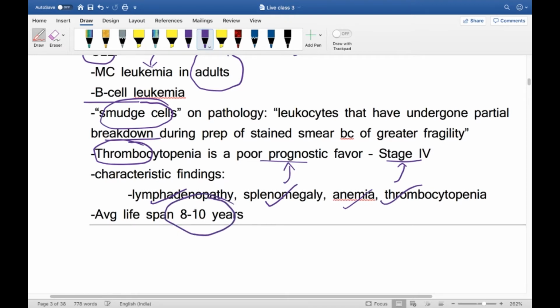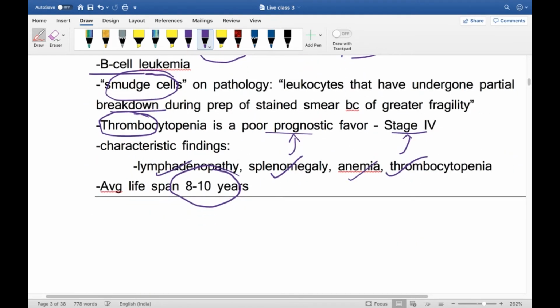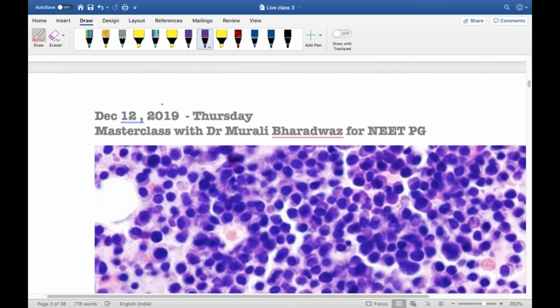Average lifespan is very good, 8 to 10 years. Already the patient is about 70 or 80 years old. And CLL of all leukemias has got a good prognosis because the average lifespan after diagnosis of CLL will be about 8 to 10 years, is what you should remember.